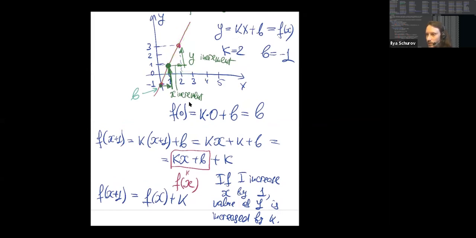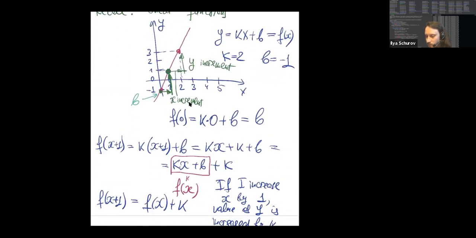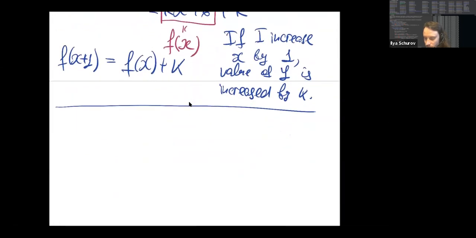So, for example, if we think that x is age, and y is the number of words, the size of vocabulary, then this k is exactly the answer to this question. So let me show it as an example.